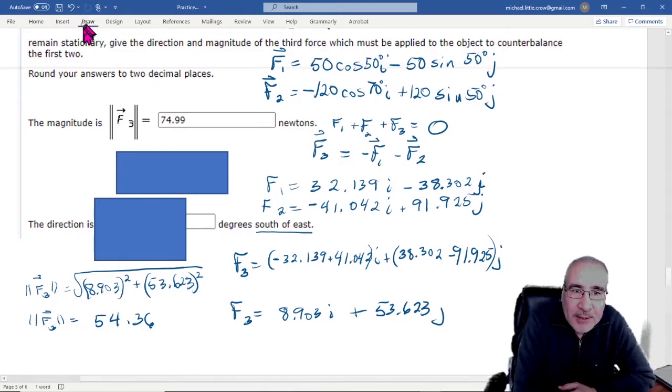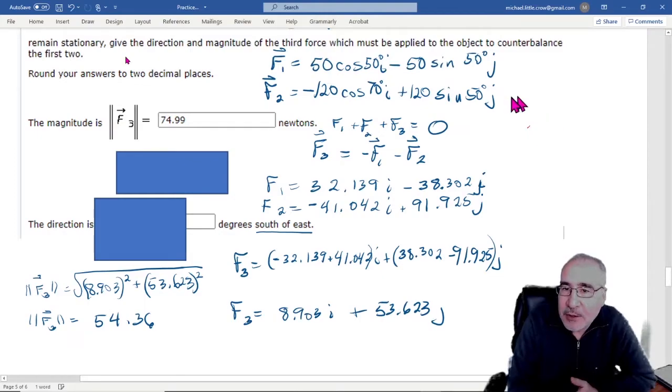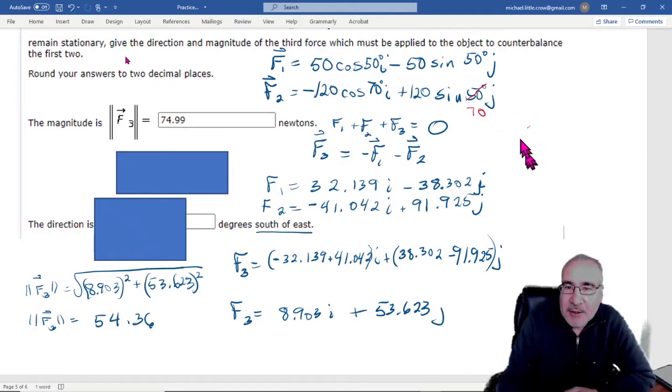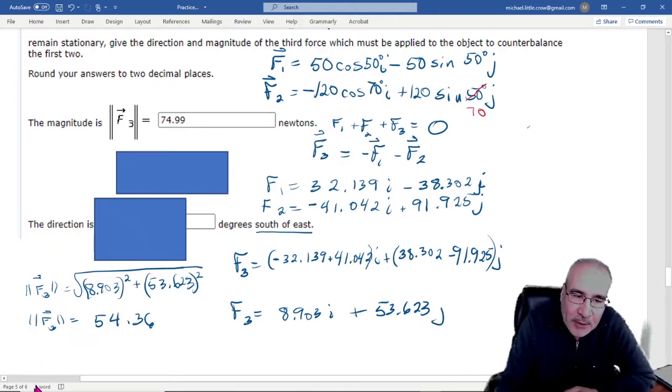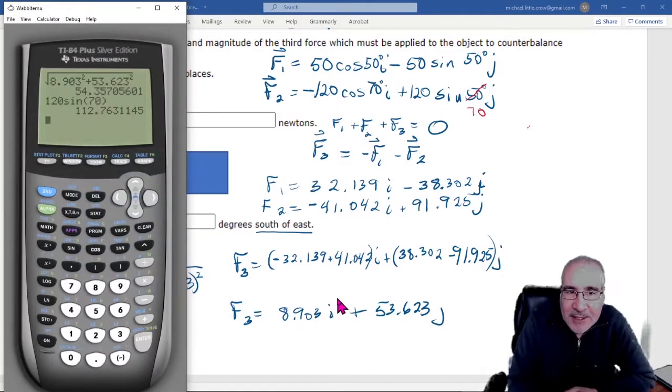Let's do it this way. Let's go with the draw. And actually, this is the way you should do it. You shouldn't really get rid of your work. You should just come back and say, okay, let's correct it. That's 70 degrees. And when you do that, I took a little break, you get 112, not 91.